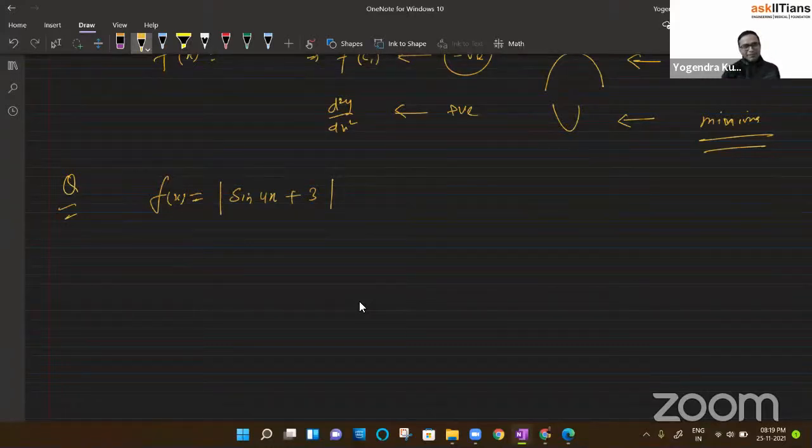Now, which method will you use? Here, no need of using derivative and all, right? We can give the answer directly. Tell me, can we give the answer directly for this? What will be the answer, guys? Maximum and minimum value for this?